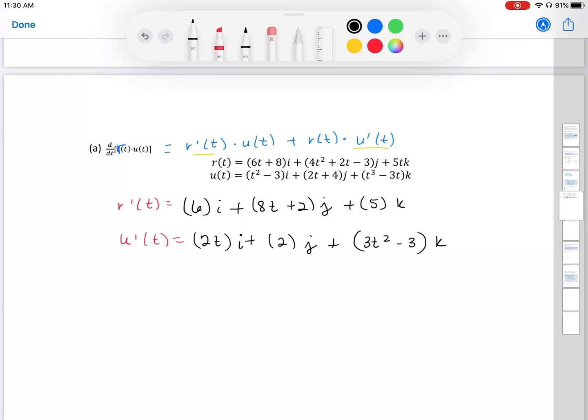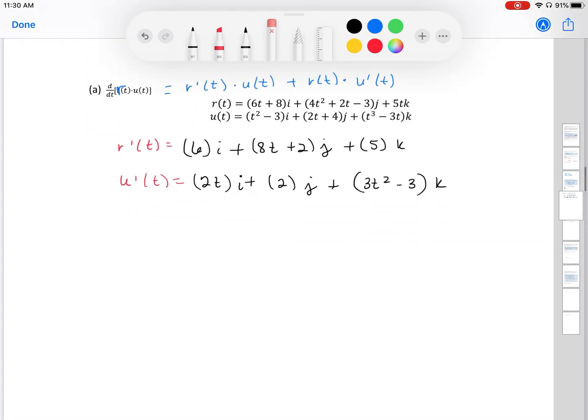Okay. All right, now let's go ahead and use that definition right above. So we have, for the first one, r prime of t dot product u of t. So I'm just going to write it down. r prime of t is 6i plus (8t plus 2)j plus 5k.